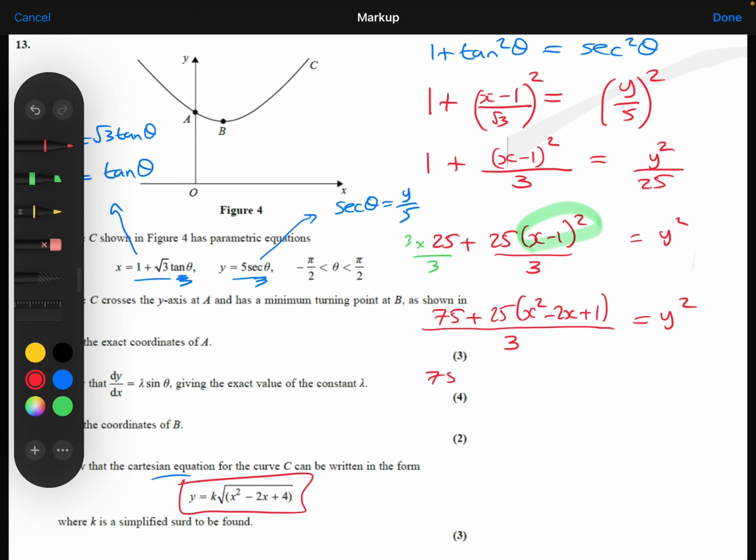Let's tidy this up, so expand that bracket. 25 lots of the x squared. Then I've got 25 lots of the minus 2x plus 25. Collect up like terms.